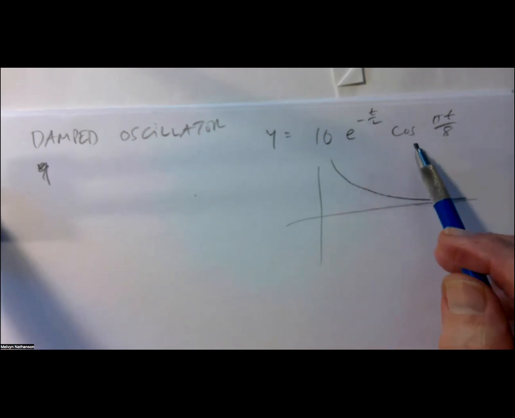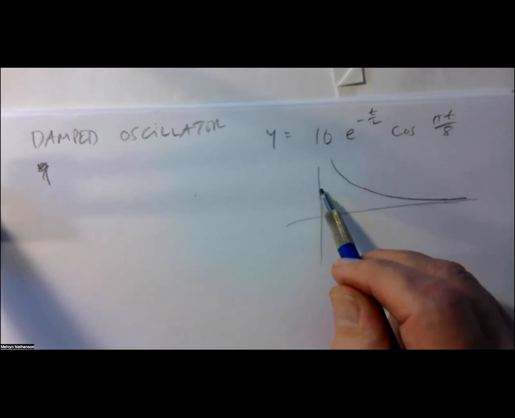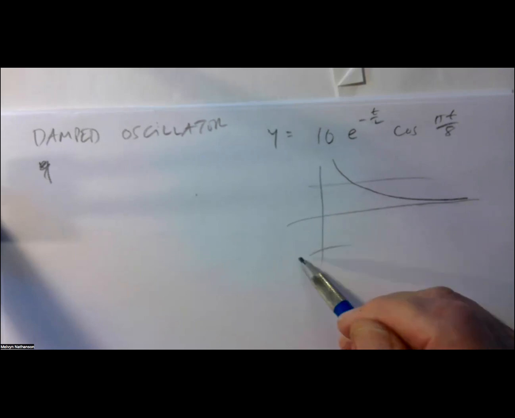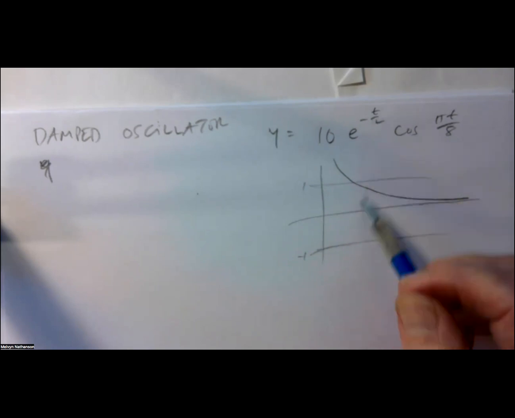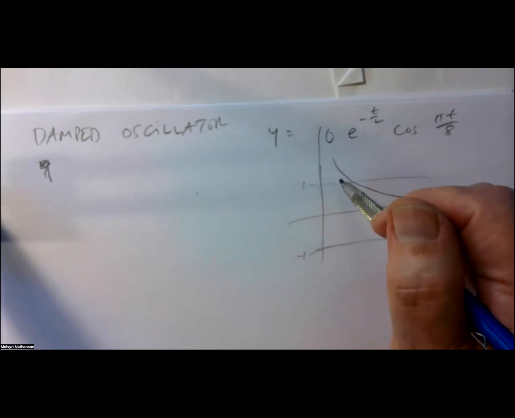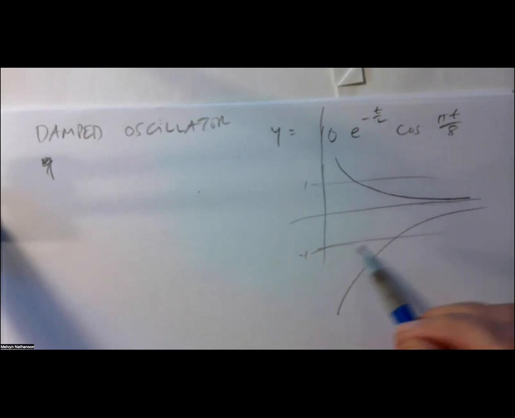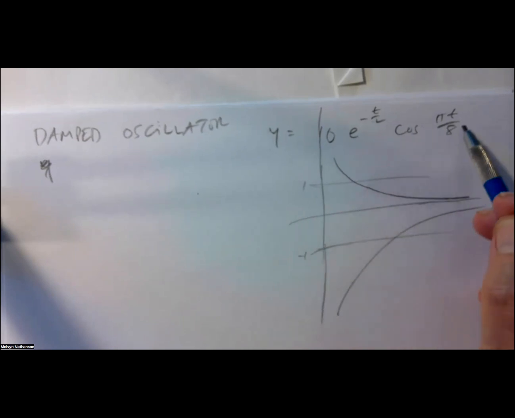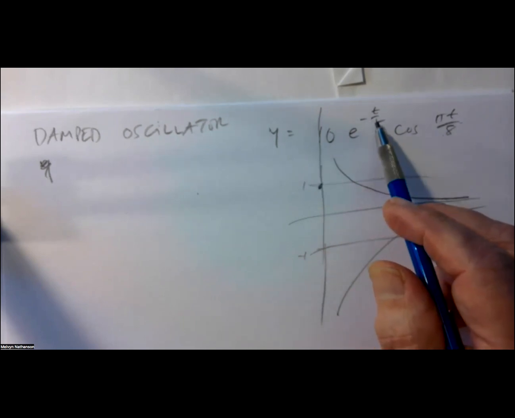And the cosine is oscillating up and down from -1 to +1. When it's negative, this would be something like minus 10 e to the minus t. When t is 0, this is 10, so it hits up there at 10. When t is 0, cosine of 0 is 1, and e to the 0 is 1.